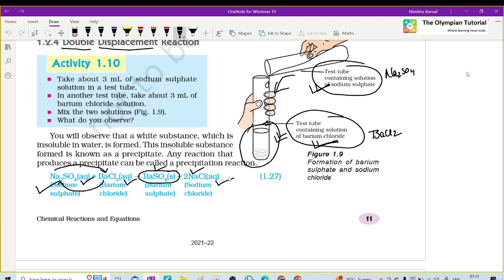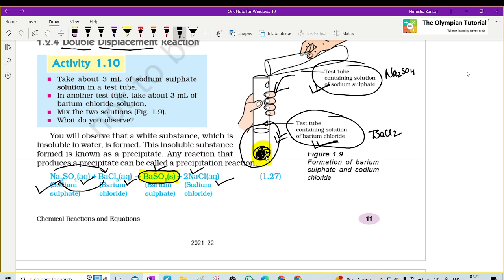Done, ma'am. After that, Thanya, here we can observe that barium sulfate is in solid form and its color is white. It is known as precipitate. It is formed in the bottom. Its color is white, and it is insoluble in water.